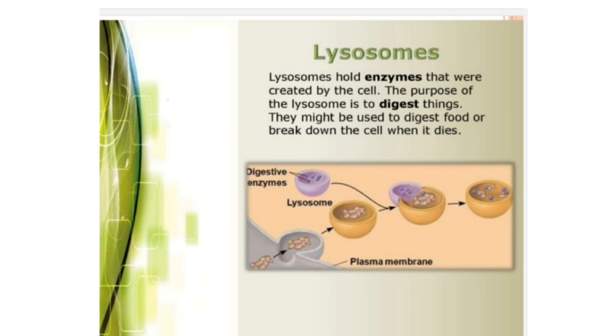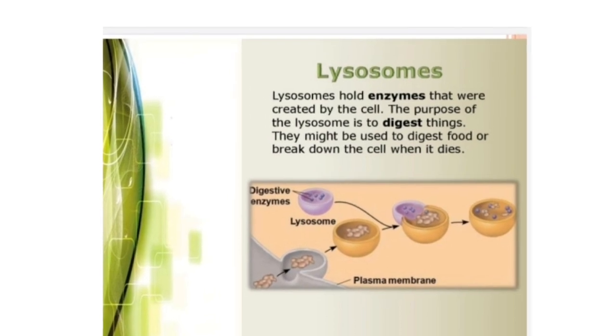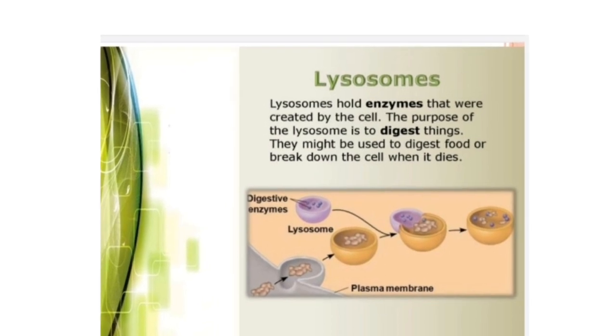The purpose of the lysosome is to digest things. They might be used to digest food or break down the cell when it dies. The most important function of the lysosome is to digest things, and also to digest food or break down the cell when it dies.